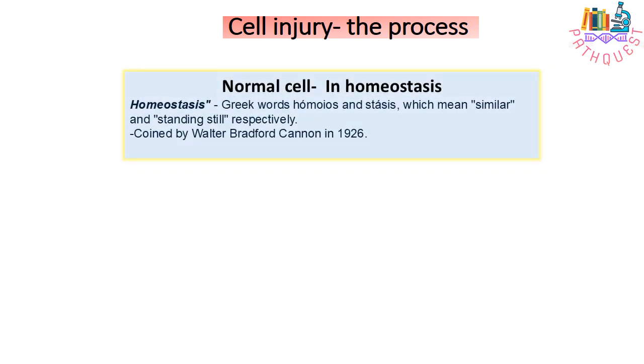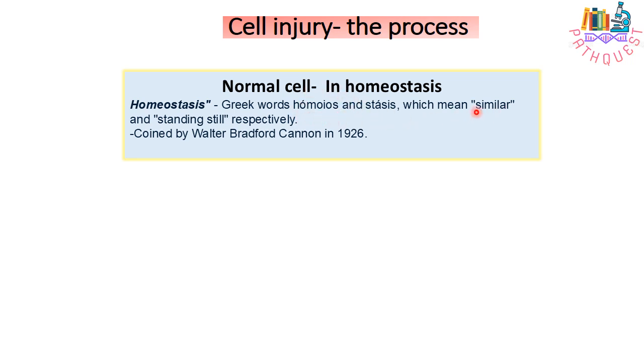A normal cell is in a status of homeostasis. That means it is repeatedly doing the same normal function over and over again. What is the exact meaning of homeostasis? Homeostasis is derived from the Greek words homos and stasis.